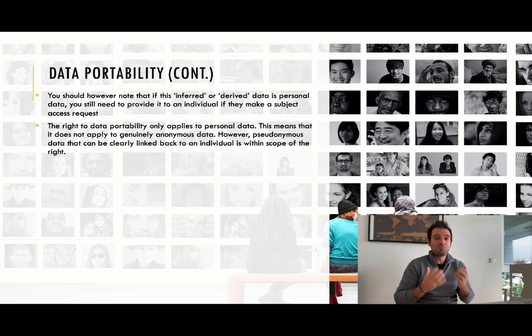What happens if the personal data includes information about others? If the requested information includes information about others, for example, third-party data, you need to consider whether transmitting that data would adversely affect the rights and freedoms of those third parties.